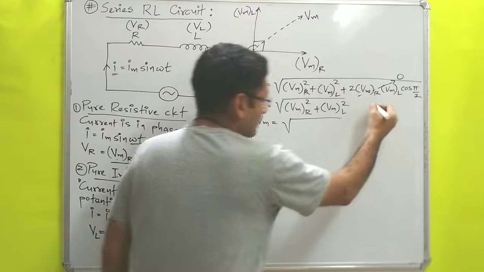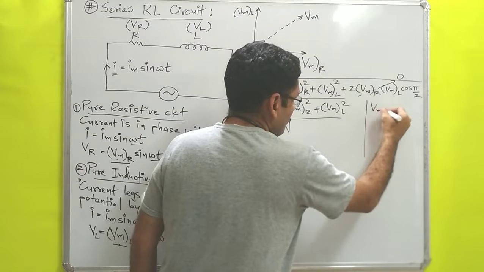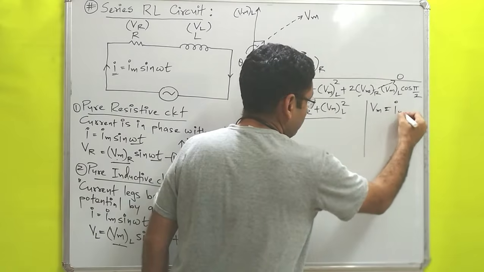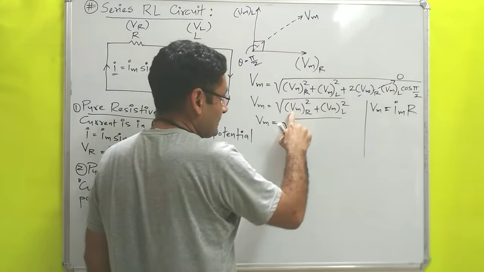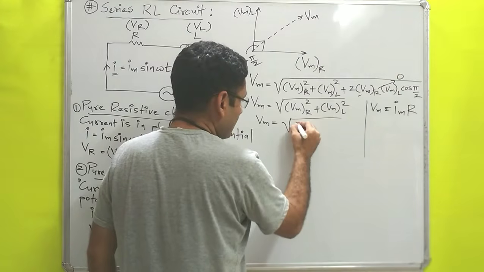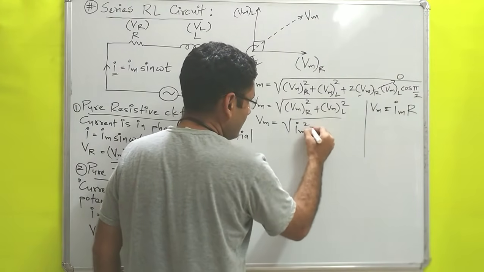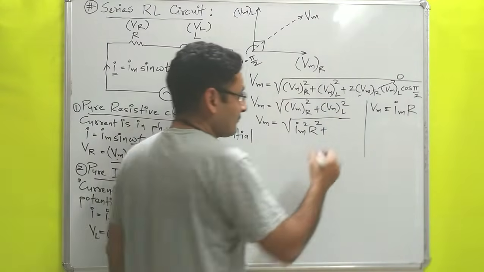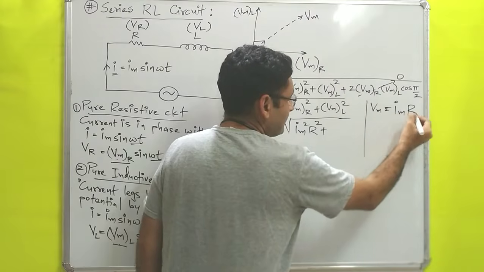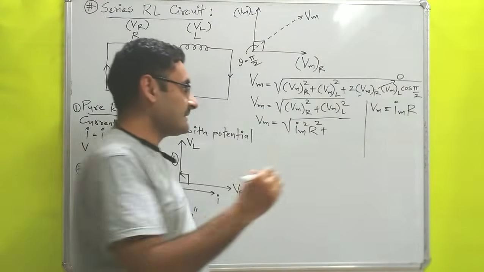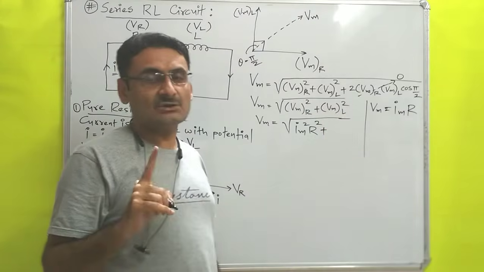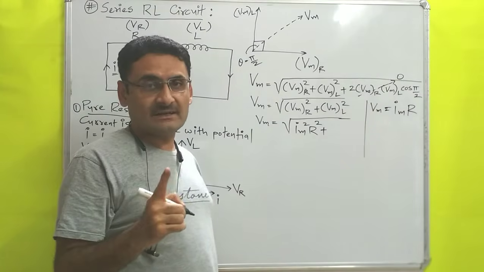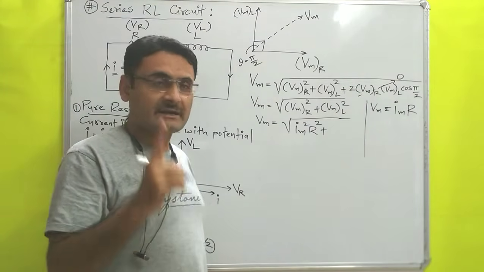We know Ohm's law, Vm is equal to IR, so Vm is equal to Im R. So instead of Vm of R, we can write Im R. So I will write Im square R square plus Vm of L. Now for Vm of L also we can write Im into R, but you know very well that in the case of inductor, resistance is not present, but instead of resistance, one quantity is there which will behave like a resistance, which is known as inductive reactance.